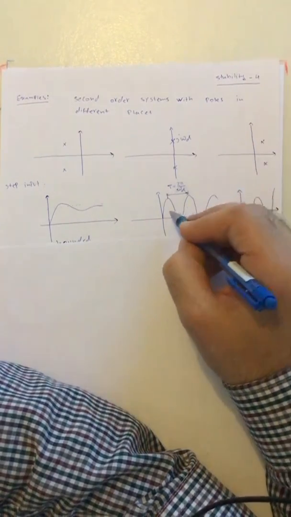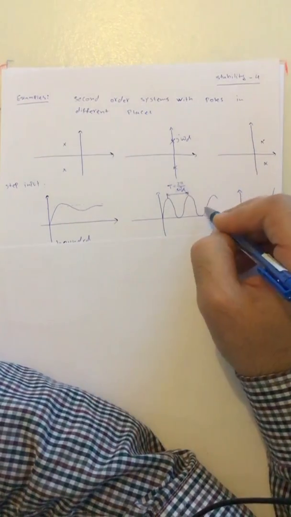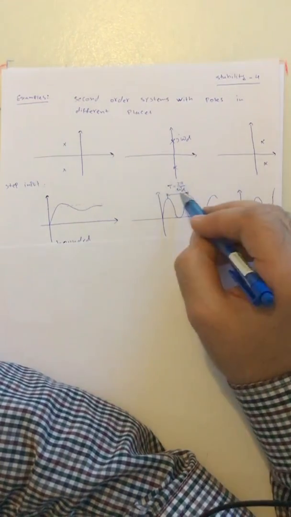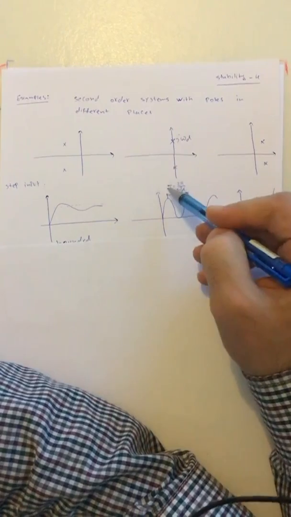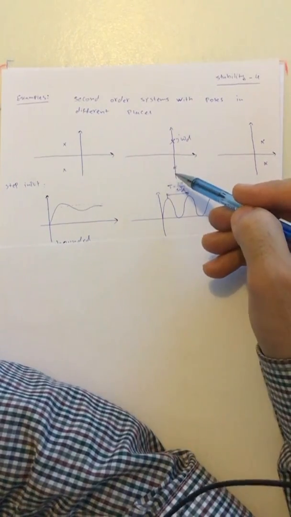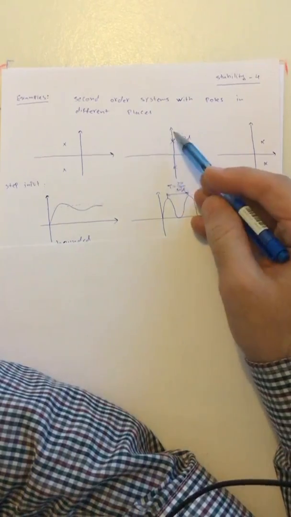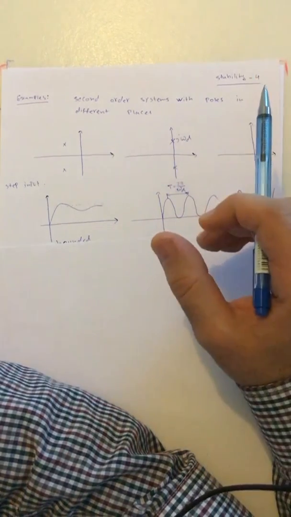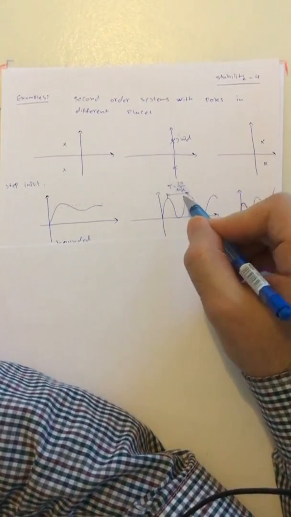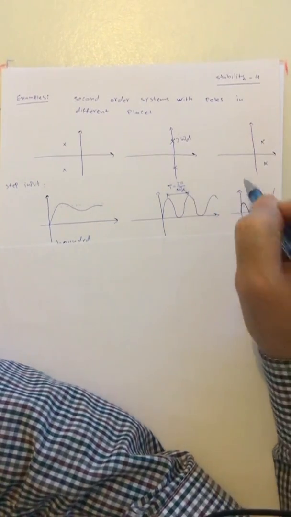So this is what you get for the step response. And the interesting thing is that the step response of this system is bounded. But I will tell you later why we call this system BIBO unstable, even though the step response is bounded. I will show you why.